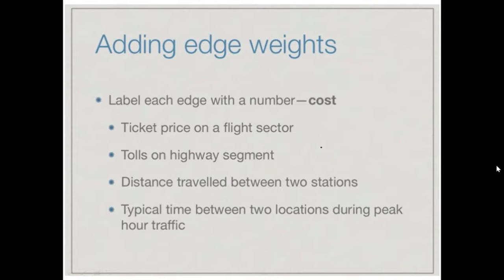Now, until now, all the graphs that we have seen don't have edge weights. That means we have seen the cyclic graphs, the acyclic graphs, the directed graphs, the non-directed graphs, but we haven't seen any edges that carry some weight.